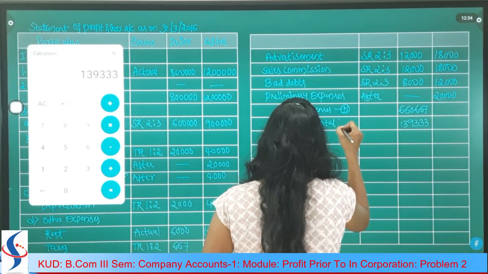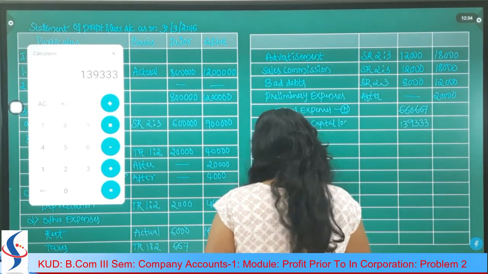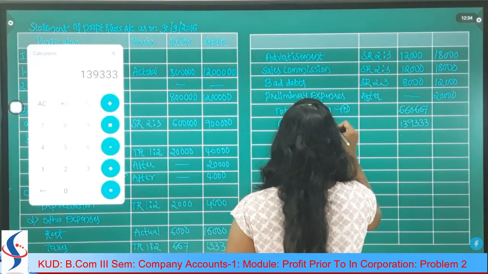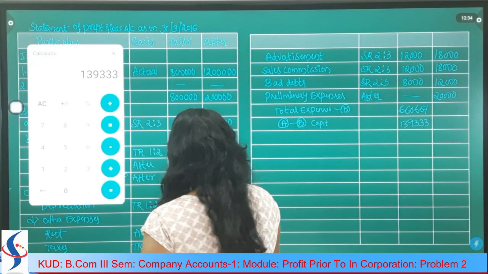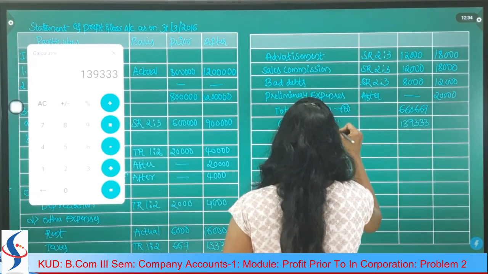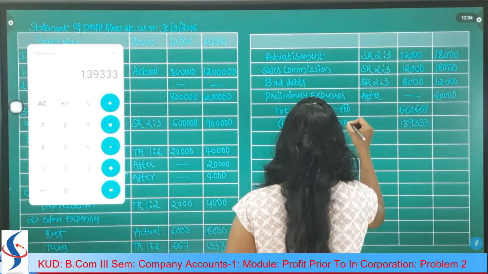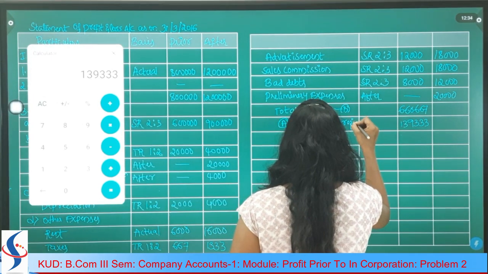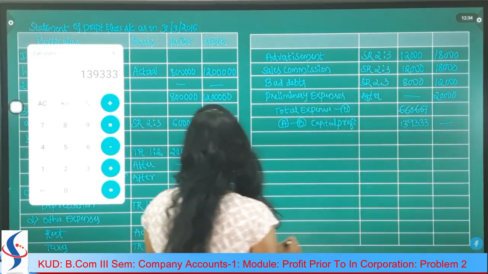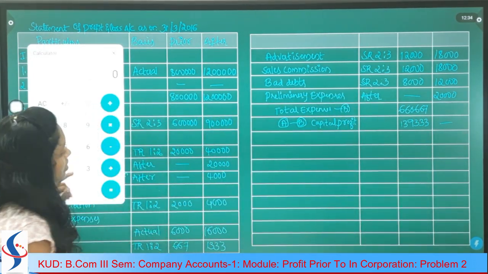We call this profit as capital profit. If it is a loss, we call it as capital loss. What is this? Capital profit. Before incorporation, whatever profit we get, that is called capital profit. Then what about after column? First we'll make a total of expenses.